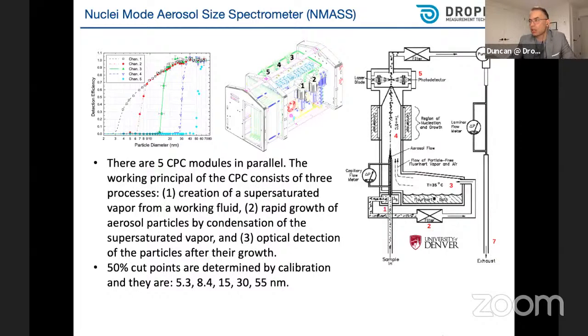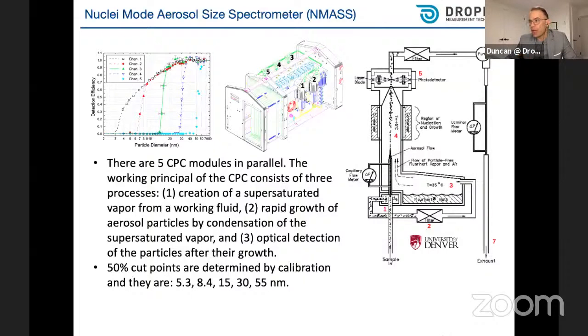be measured very easily. So the aerosol, which is very small, is very difficult to measure optically. So you need to grow it to a large size so that when you shine a light on it using an instrument, you get a large signal. If you have a small aerosol particle, you shine a light on it, you're going to get a very small signal, which means that you can't measure it easily.